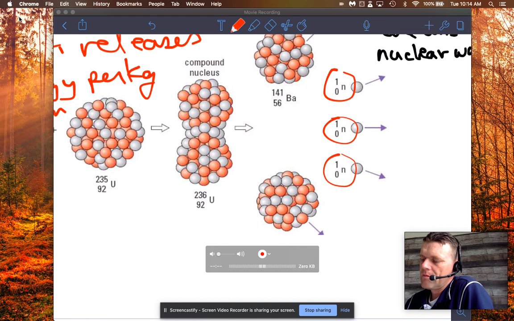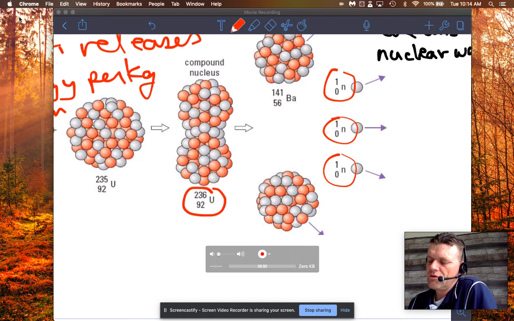So anyway, what you should be able to do here, which isn't too bad, just using arithmetic, we start with U-236 in the intermediate step. That means there's 92 protons. That means there has to be 92 protons at the end because we didn't lose any protons.